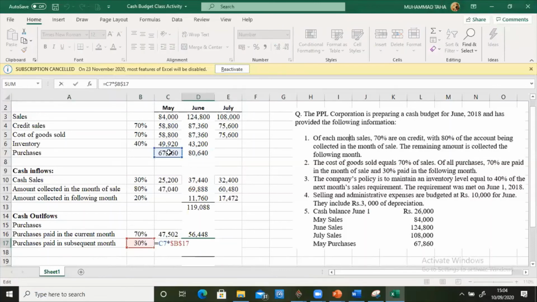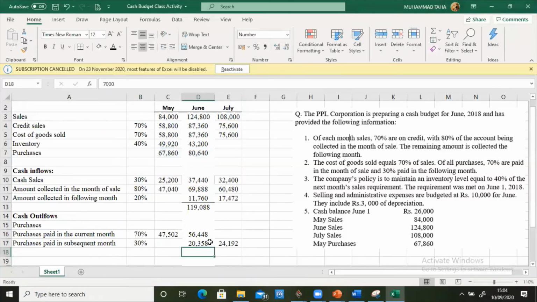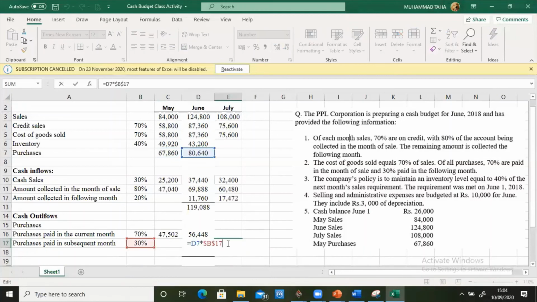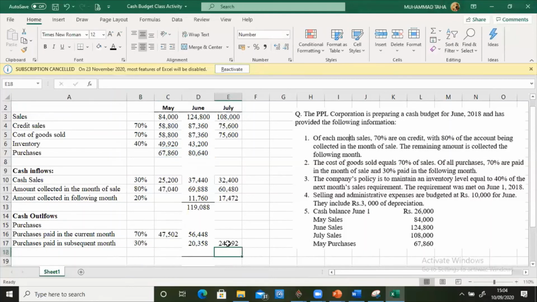So the amount of May will be paid in June, and the amount of June will be paid in July. So this was about purchases.